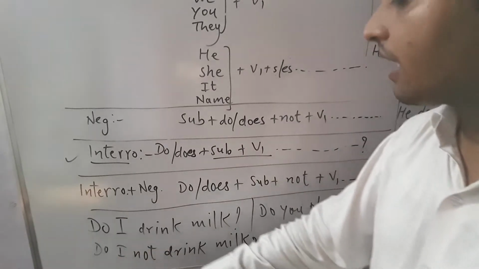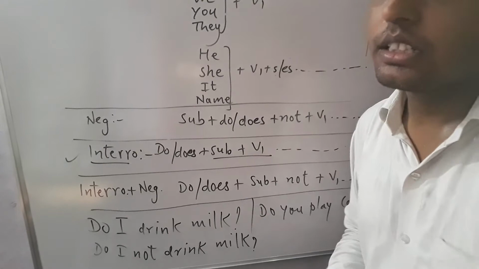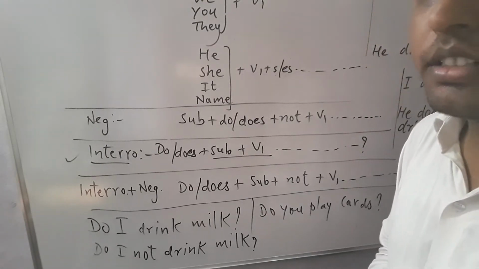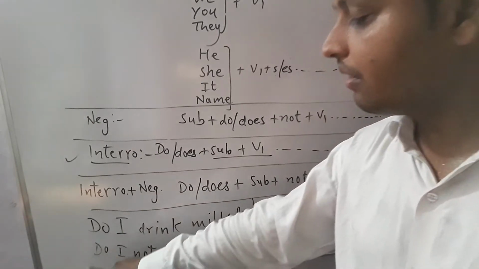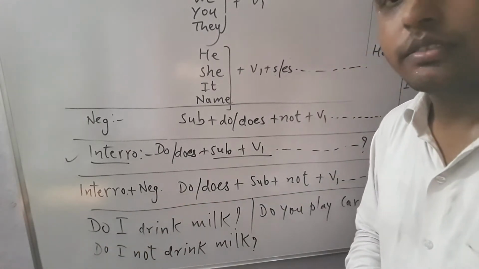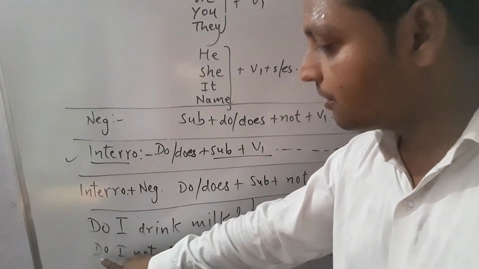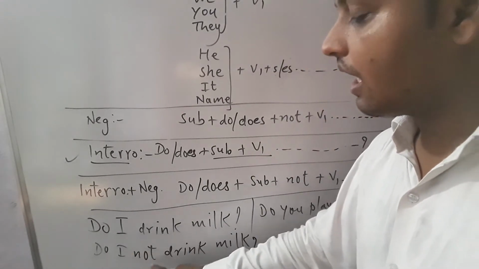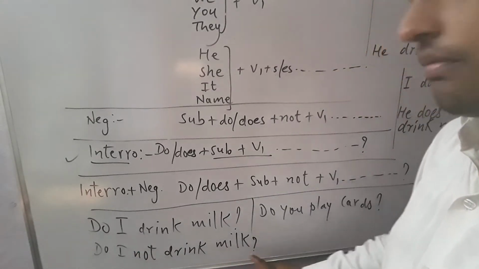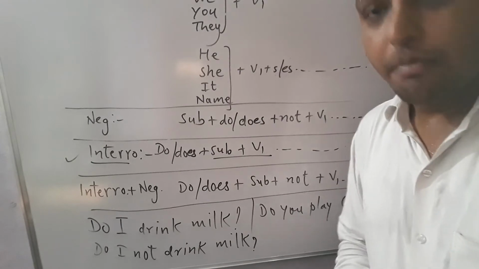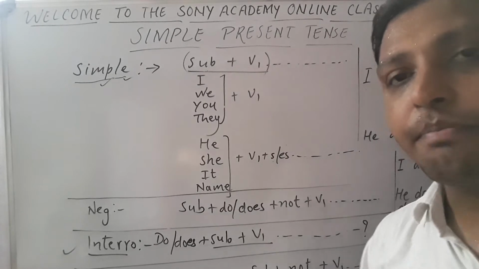If the pattern of the sentence is interrogative negative, then we have to use helping verb and not. The sentence begins with helping verb do and there will be a not just after the subject. Do I not drink milk? So these are the patterns in which you can make sentences of present simple.